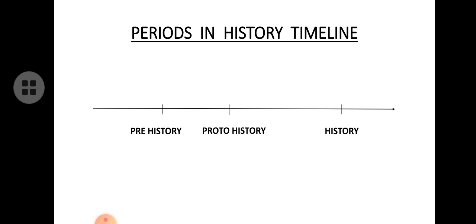Prehistory is a period of time in which there were no written records found. Man did not learn the writing system, that is called prehistoric time. So there is no written information about the prehistoric period. So how can we identify it without writing?